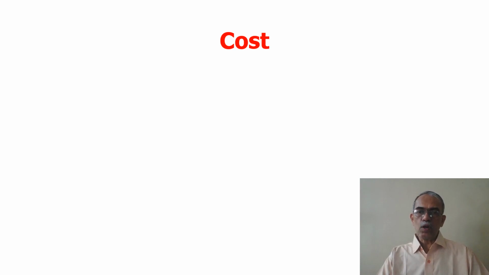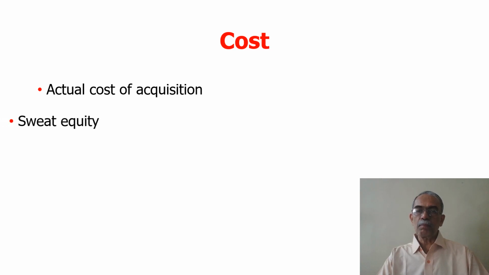Now when I said cost, this is the actual cost of acquisition that is incurred by the seller of the asset. Now there are some special circumstances, special assets, like say a sweat equity. What is a sweat equity?